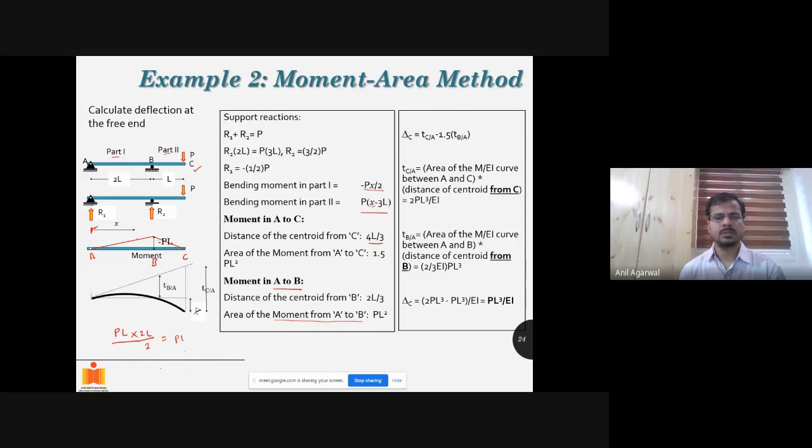So that is PL square. Distance of the centroid from B will be somewhere here at, I'll call it X bar for the time being. This will be equal to 2L multiplied by 1/3 of that. That is 2 by 3L. Agreed? 2 by 3L and PL square.